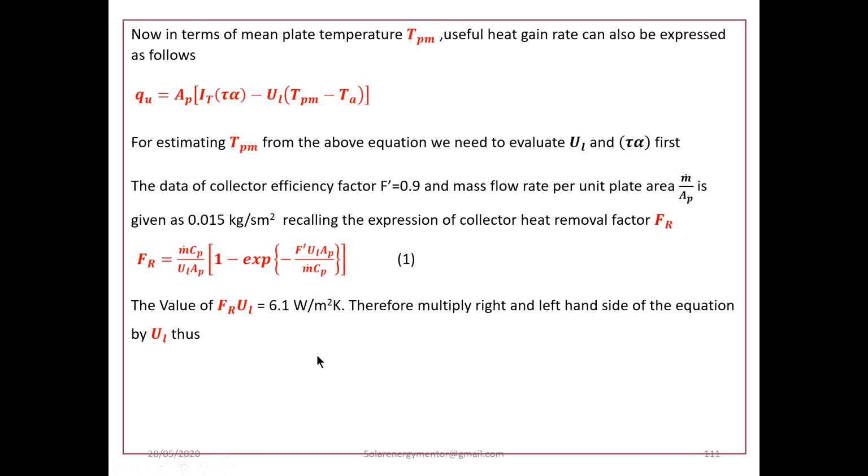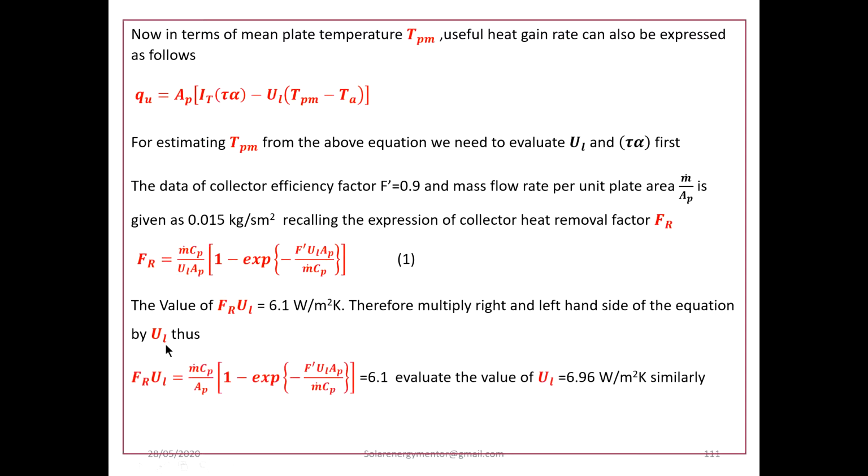UL is not known, so we can evaluate the value. So FRUL, m dot Cp by AP, when you multiply this by UL, this UL will go, so m dot Cp by AP and this expression remains, equal to 6.1.